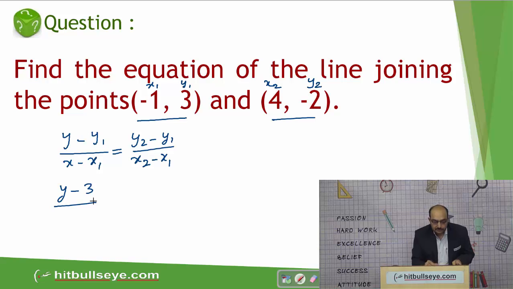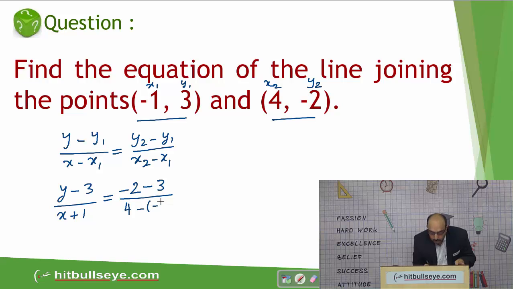So y minus 3 upon x minus x1, we have -1, so this would become +1, equals y2 is -2 minus y1 is 3 upon x2 we have is 4 minus x1 we have is -1.